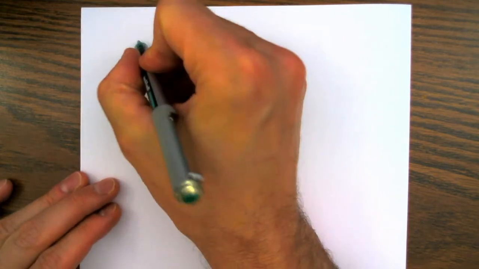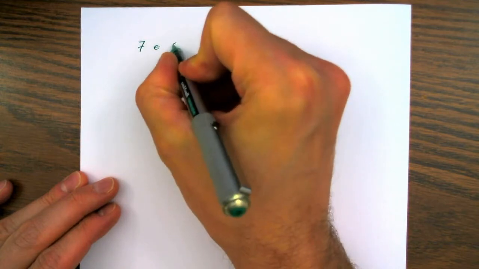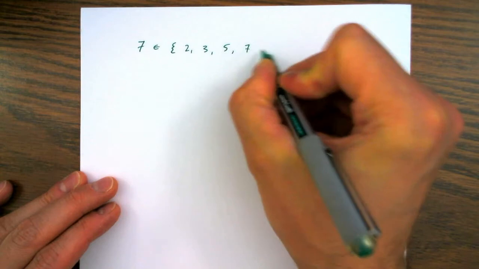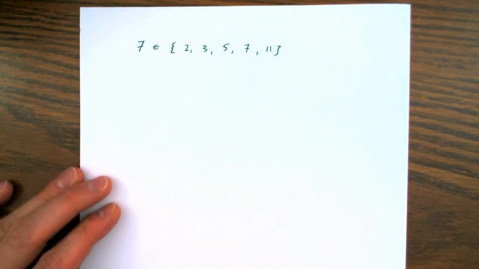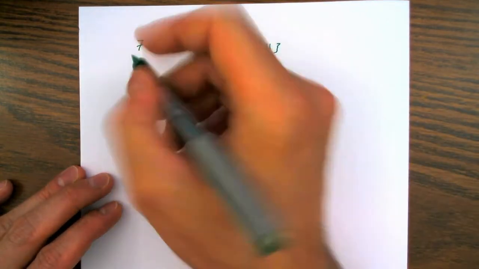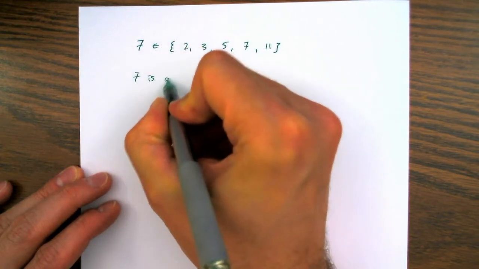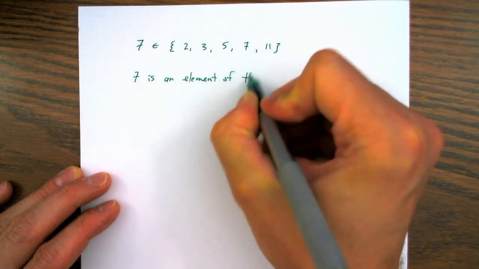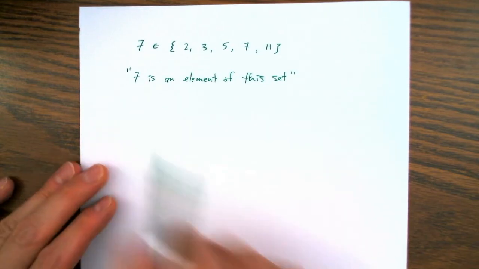So using this new set notation, which is just a way of describing sets in the language of math, we can write things like 7 is an element of this set. So we have a way of writing this sentence in math notation.